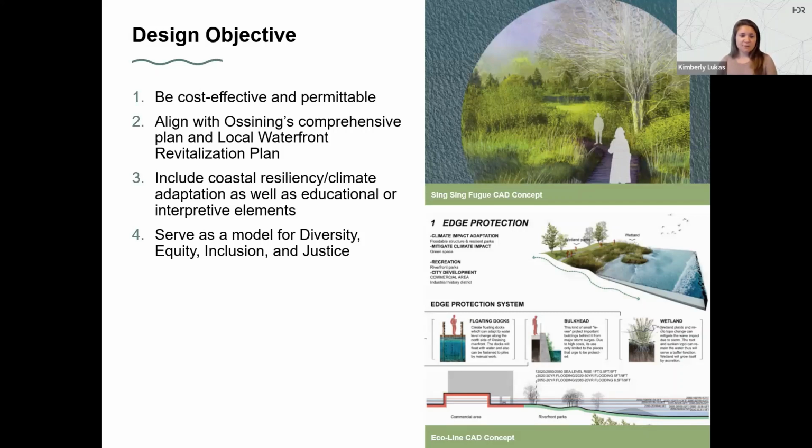So this project focused on different aspects of coastal resiliency and the ability for the project to be adapted as the climate changes. And we also have educational and interpretive elements throughout the project, which Barbara will cover a little bit more. And last but not least, this project will serve as a model for diversity, equity, inclusion, and justice.